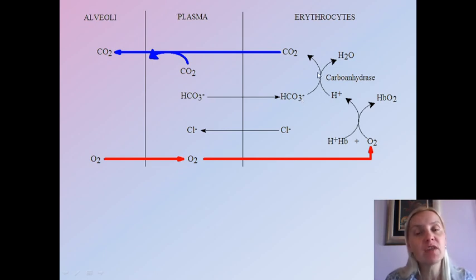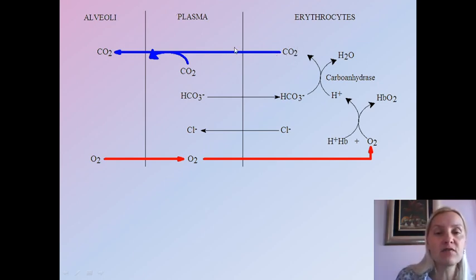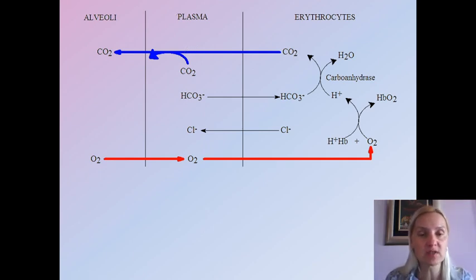The equilibrium is shifted towards the production of carbon dioxide, and carbon dioxide diffuses to blood due to the concentration gradient, and then from blood to alveolar space where it is eliminated by expiration.